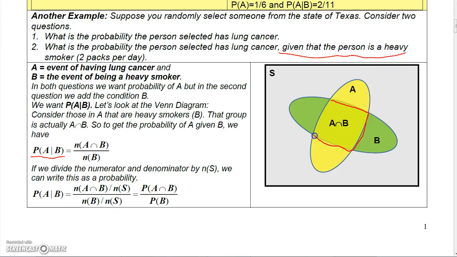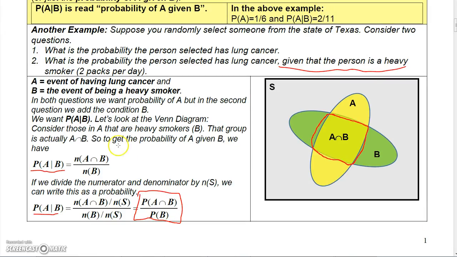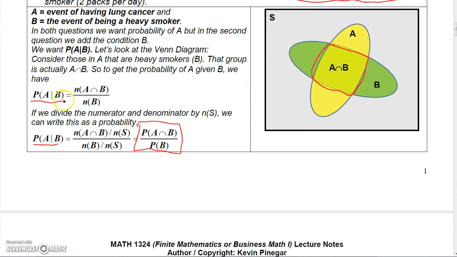It would be the people in the intersection, but out of the people in B. So it would be those that smoke and have lung cancer out of those that smoke. So the probability of A given B is actually the probability of A intersect B over the probability of B. And that's a formula that you can remember.